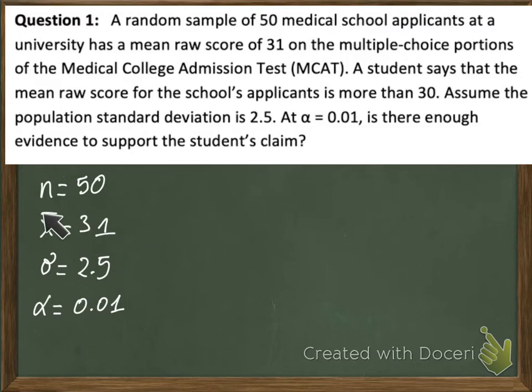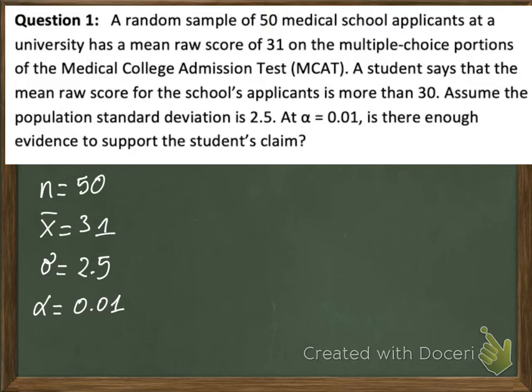So x bar is 31. And the student says that the mean raw score of the school's applicants is more than 30. This is the claim that the student is trying to make. And assume the population standard deviation is 2.5, that means sigma is 2.5, and alpha equals 0.01. We want to see whether there's enough evidence to support the student's claim. So we write out all the information that we know.